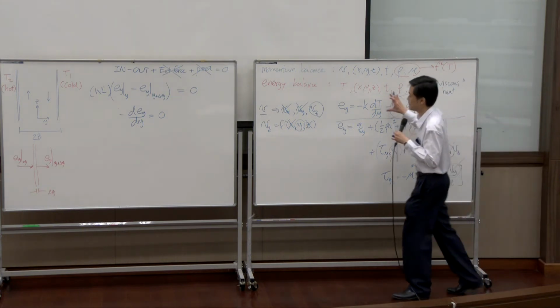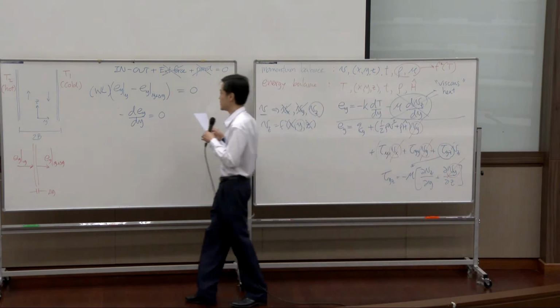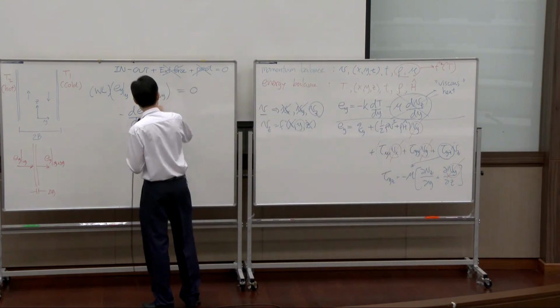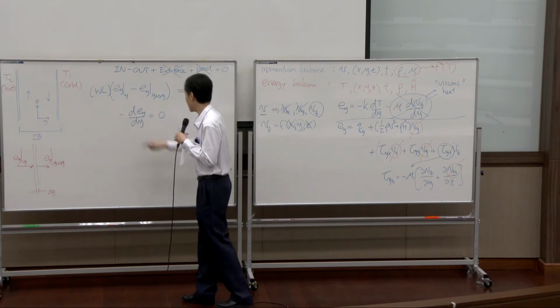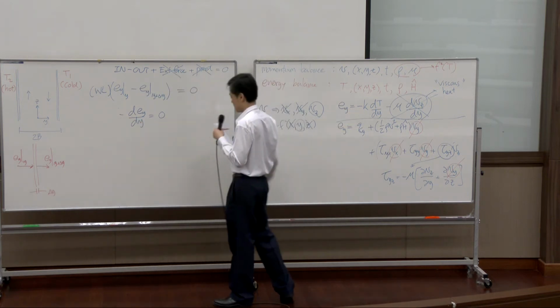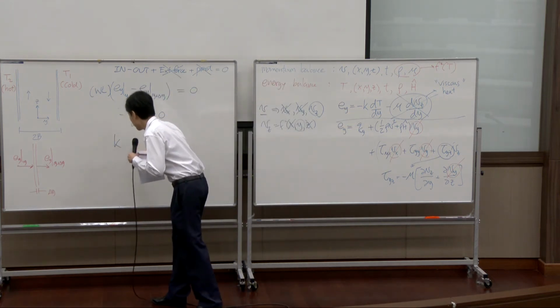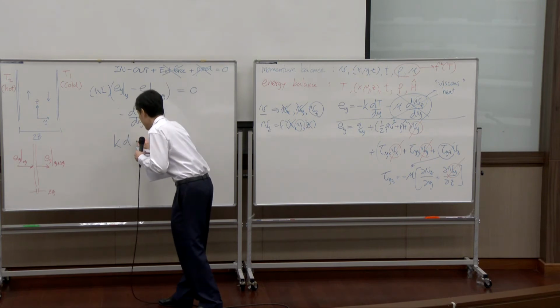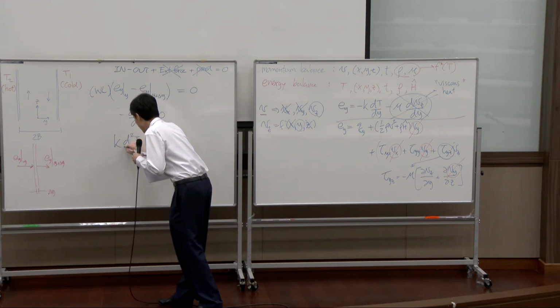So then, the flux becomes simple enough. You plug back here. I have minus here. I have minus over there. Then it turns to be plus d squared T by dy squared equal to 0.